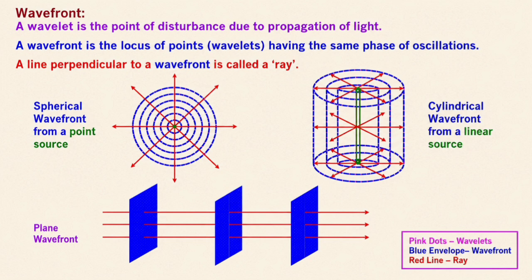So that will be perpendicular to the wavefront, and here this is the planar wavefront when the source is infinite. Okay, so always remember that the direction of propagation of light is always perpendicular to the wavefront.